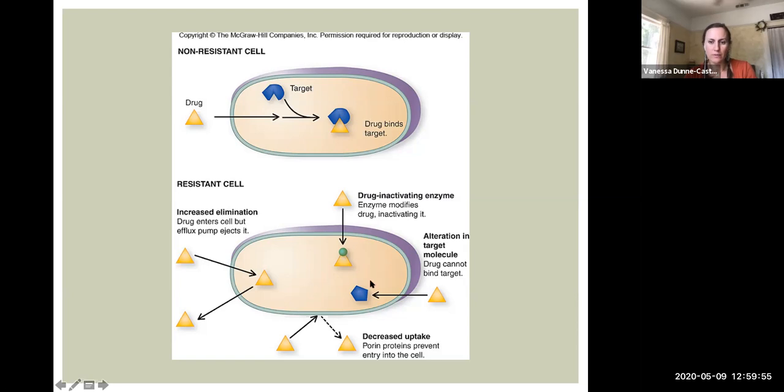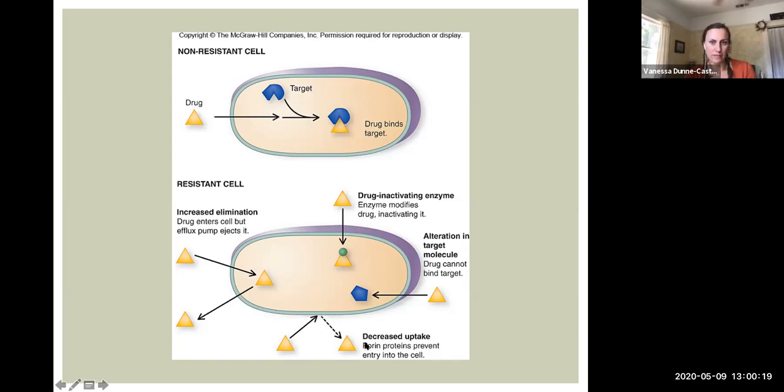Alteration in the target molecule. So here, again, an example of a mutational event that perhaps could then be propagated in the population where the drug just cannot bind to it anymore because of that mutational event. And then here, decreased uptake. So for example, the lipopolysaccharide and porin proteins might prevent the entry of many drugs into those gram-negative cells.